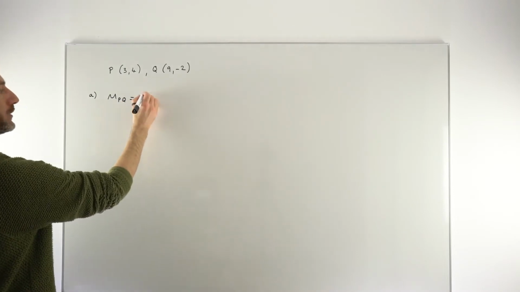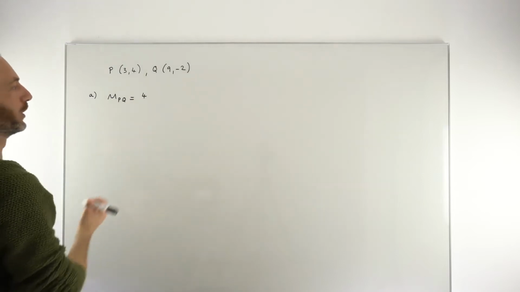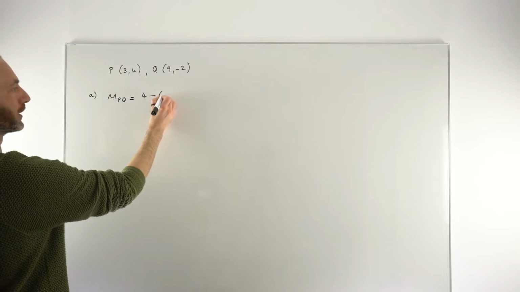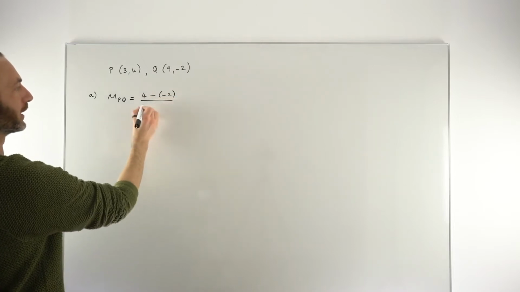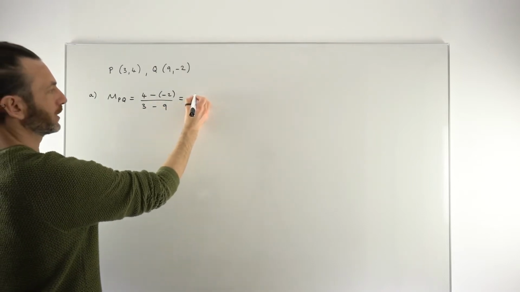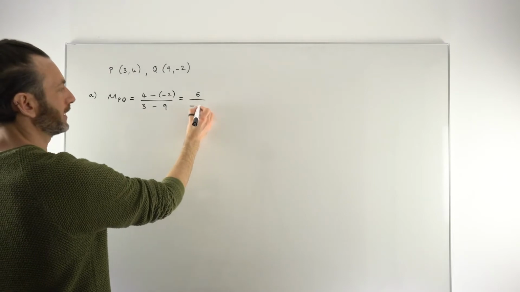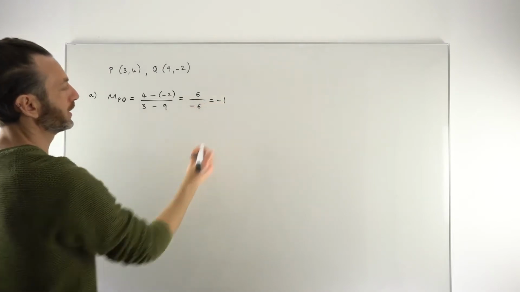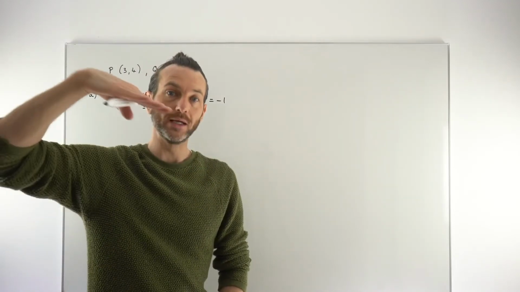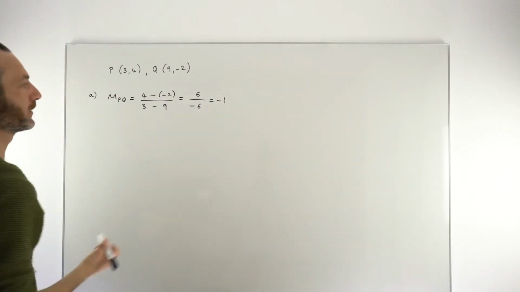Using our standard equation for a gradient, y2 minus y1 over x2 minus x1: 4 minus minus 2, be careful with the double negative there, divided by 3 minus 9. 4 minus minus 2 is 4 plus 2, which is 6, divided by 3 minus 9, which is negative 6, and that comes out to be minus 1. That looks good because the line P to Q is going down to the right, so a negative gradient looks perfect.